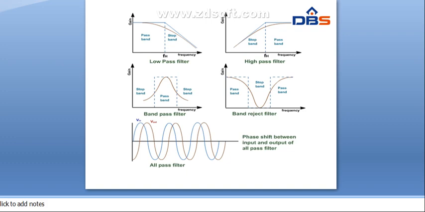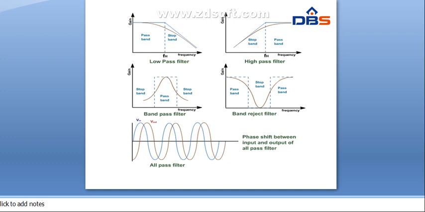Practically, the gain of the filter decreases as the frequency increases. At F equal to FH, the gain is down by 3 decibels, and after FH it decreases at a higher rate.